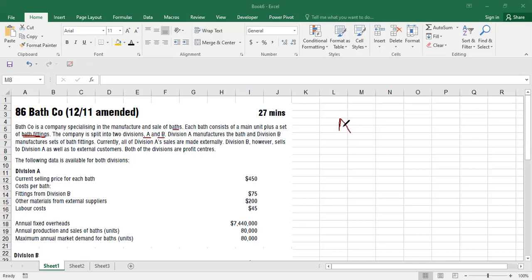So there is Division A making baths, and there is a Division B, which is also within the same company and is making fittings.